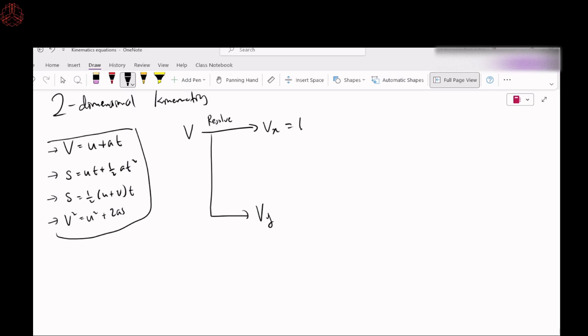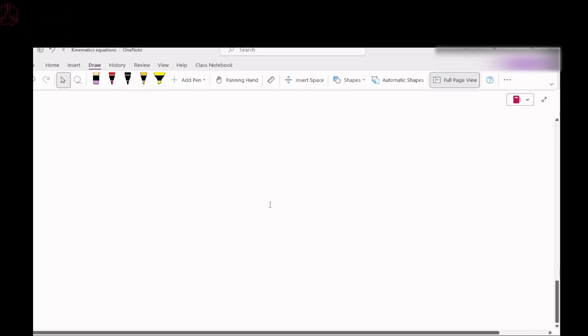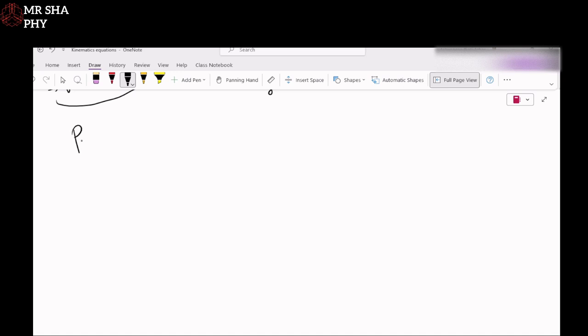We can consider the initial velocity ux and the acceleration in x, so vx equals ux plus axt. t is the same. Again, vy equals uy plus ayt. A specific case that we want to go through is projectile motion.